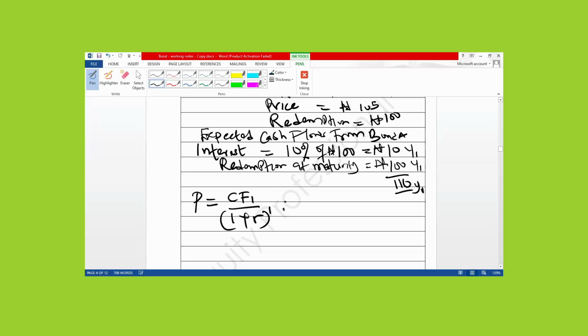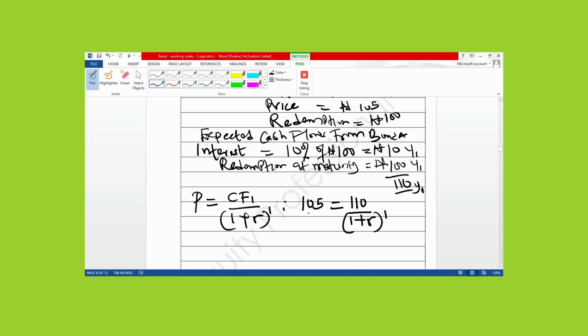The examiner said the price is 105, equal to cash flow in year one, 10 naira plus 100 naira, 110, divided by 1 plus R in year one raised to power 1. What is R in year one? With this equation, I can derive the letter R.